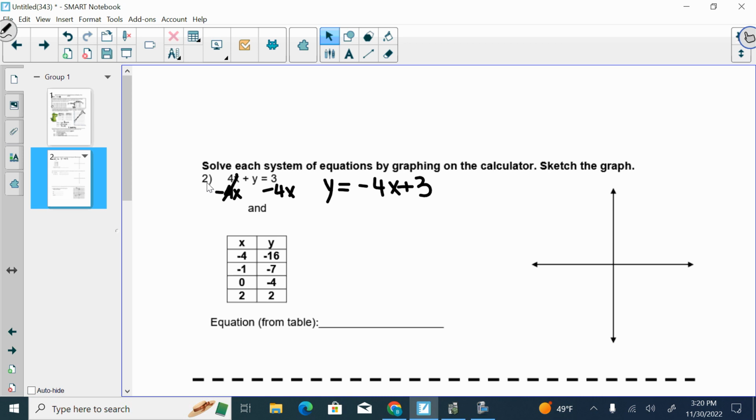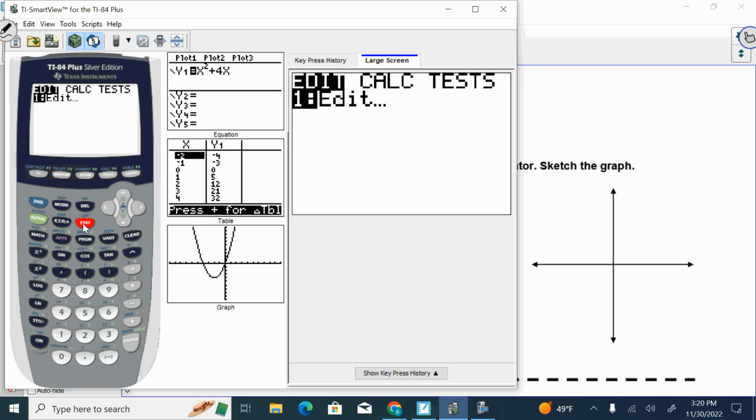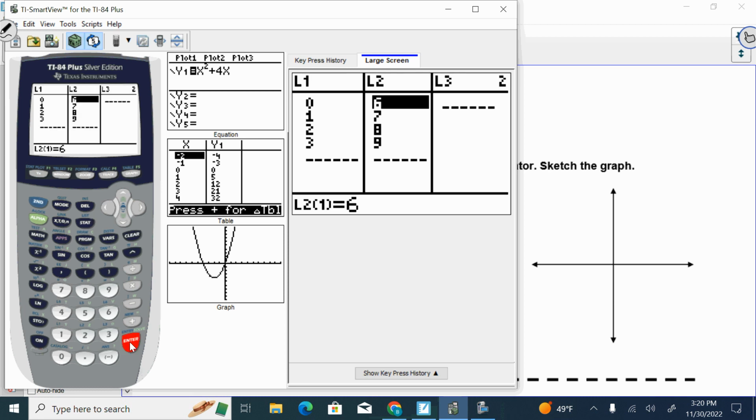Okay. And then for the second one, they didn't even give us an equation, they just gave us a table. But can we turn the table into an equation? Yeah, so we're just going to go to stat in our calculator and put those in our lists. So we got -4, -1, 0, and 2 in list 1.